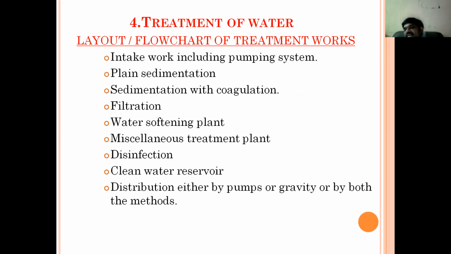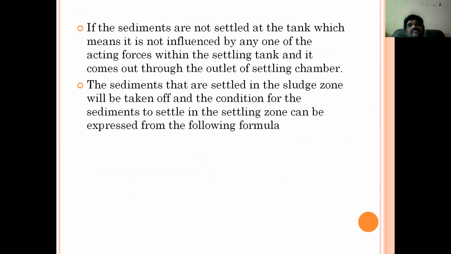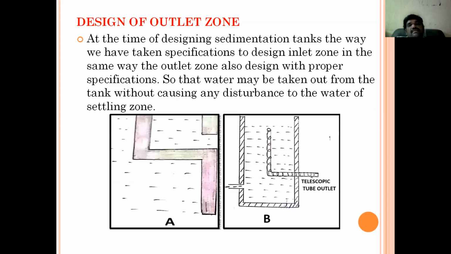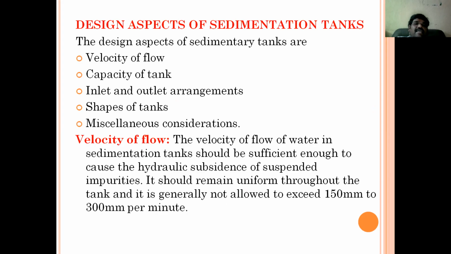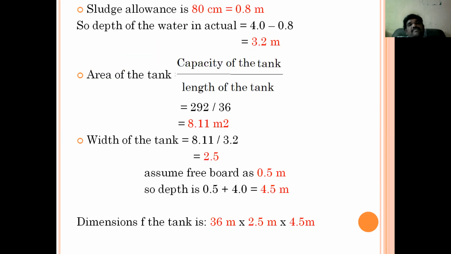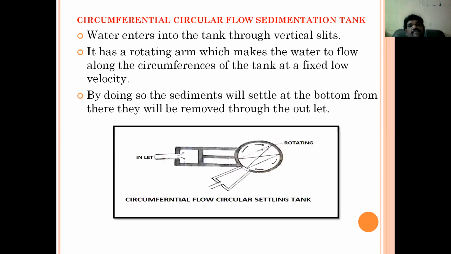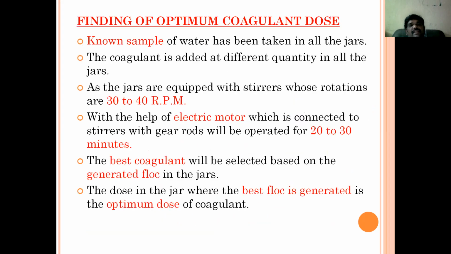And next we entered into the treatment of water, where we learn sedimentation, principle of sedimentation, different zones, design aspects, detention periods, problems, and types of sedimentation tank: rectangular tanks, circular tanks, upward flow tanks. All we learn.